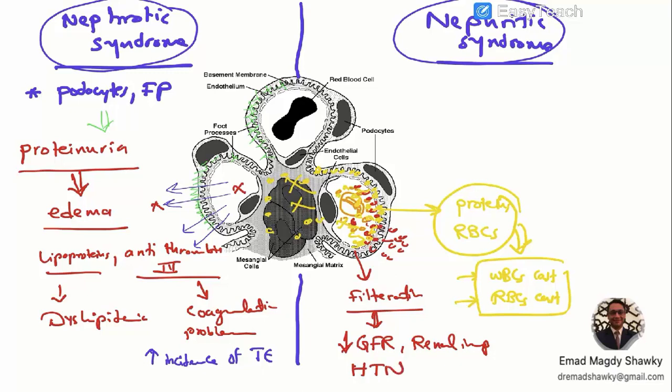So the defect here, as we see in the endothelial cells, this is a very small representation of the pathophysiology of nephritic syndrome versus the nephrotic syndrome.